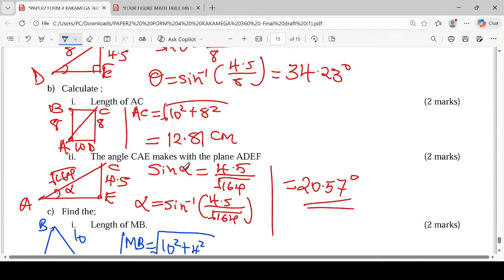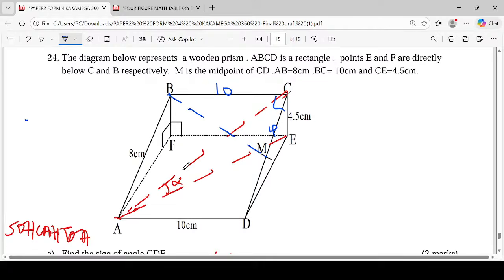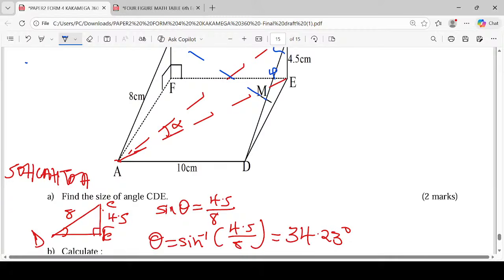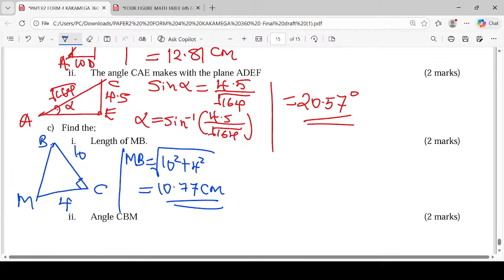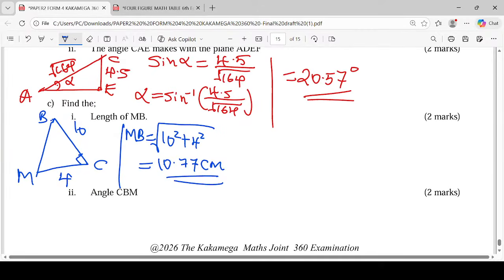Part Roman 2, the angle CBM. Let's see the angle CBM. That now becomes simpler. I can just use this diagram, CBM, this angle here. If I have adjacent and opposite, I can use tan, whereby I can call it theta, and theta will be given by opposite 4 over adjacent 10.